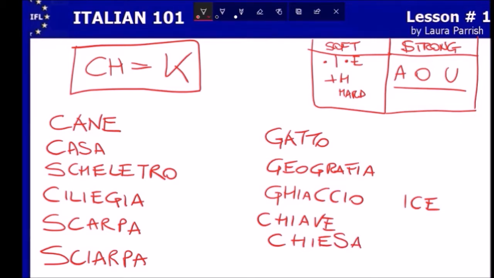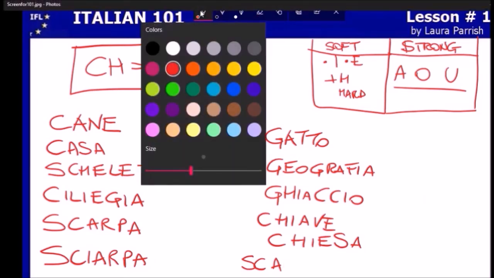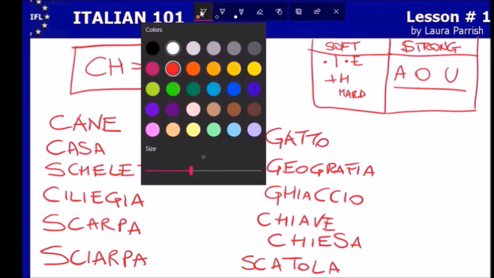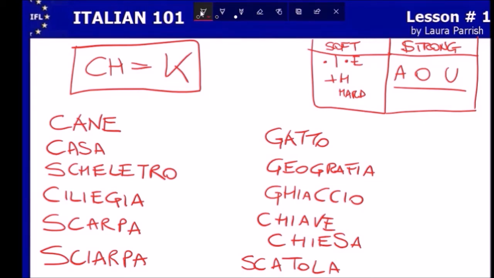And that's one, sure. Scatola. Oh, I messed it up here. Let's delete that too. And, okay. Scatola, okay. So now let's write the meaning so you learn some words.